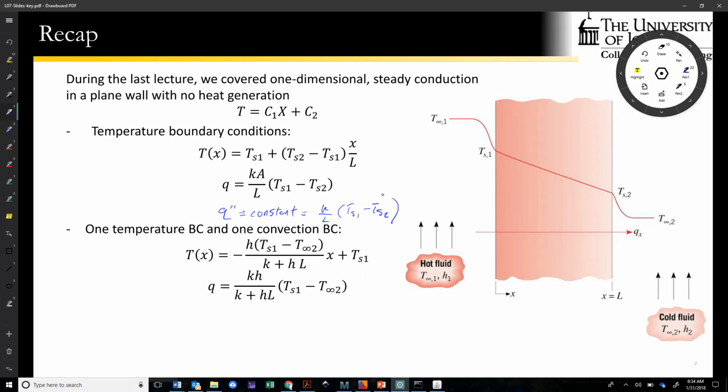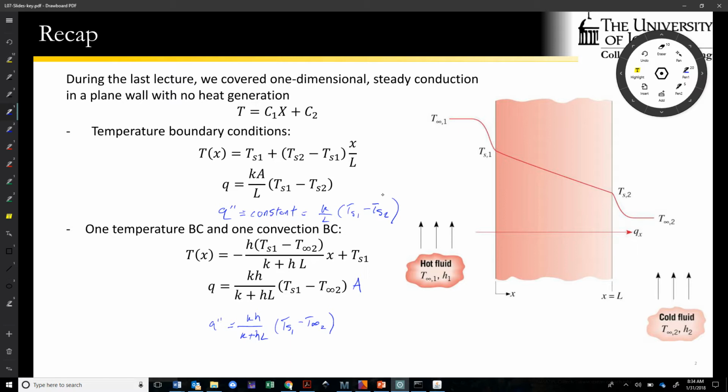In those cases, substitution of the appropriate boundary conditions yields this expression, which once again gives us a Q and Q double prime that are constant, but now rather than just being functions of T1 and T2, they involve information about that relative rate of, this should be times A, and Q double prime should be TS1 minus T infinity 2. They involve some information about the relative rates of heat conduction and convective heat transfer.